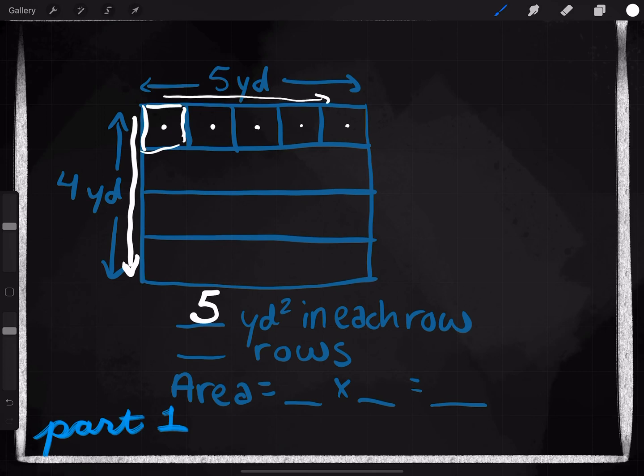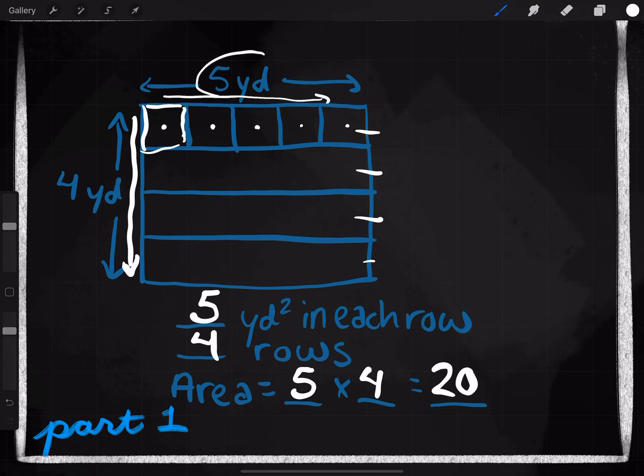And the number of rows are 1, 2, 3, 4, so there's 4 rows. So you can find the area by multiplying 5 times 4, which is 20. So the area of that rectangle is 20.